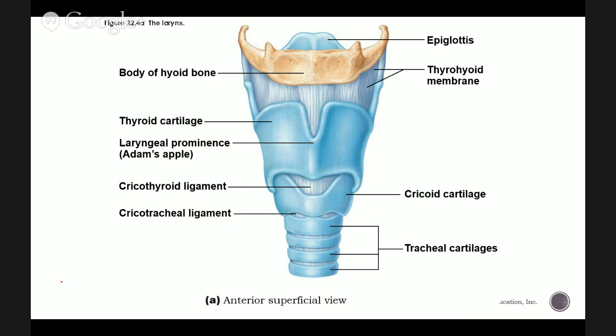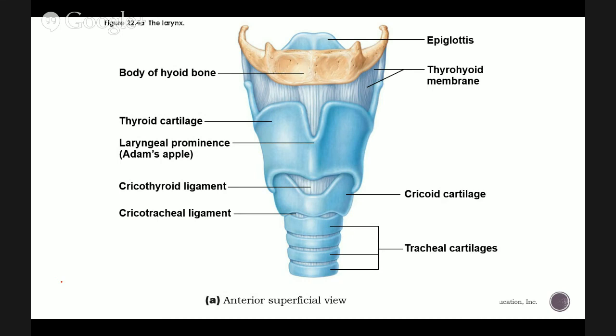You can see the relationship between the larynx and the hyoid bone. You can see that the larynx is kind of anchored to the hyoid bone. So even though the hyoid bone doesn't articulate with any other bone, and it's kind of floating there, it is very important in our ability to swallow and to produce sounds, which become speech, and so forth. But the larynx is made up of cartilaginous structures here.